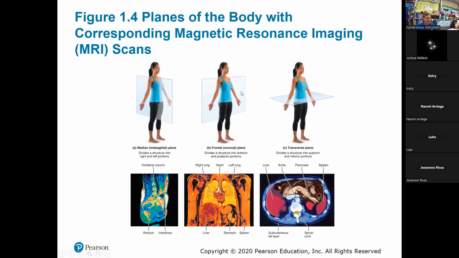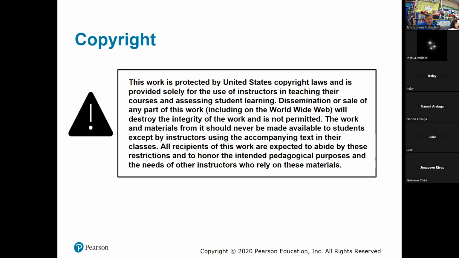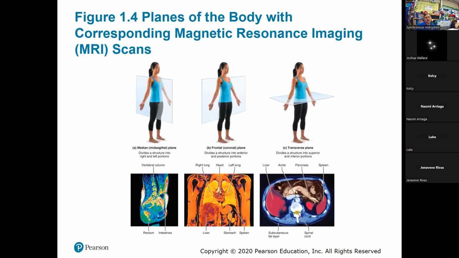There's the frontal going across laterally, and then over here cutting the organism in the middle, that's a transverse plane. You can see there's different representations that are possible if you look at the different structures using different planes. All right, so we'll see much more of that later in the anatomy and physiology classes, but it's just an introduction to these terms and these planes and the different systems that we have in the human body.